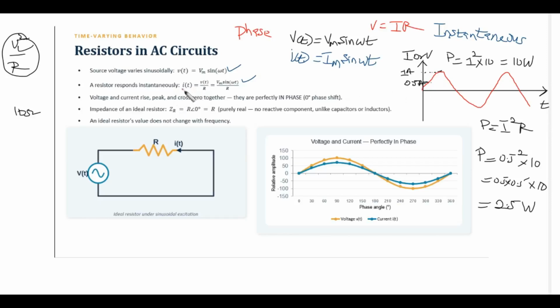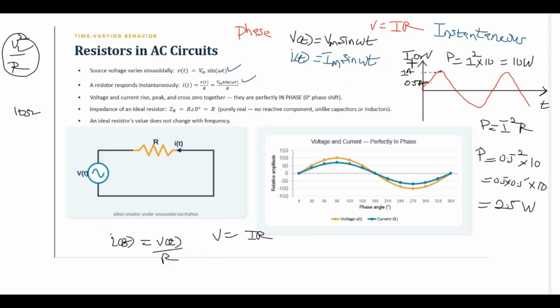So if we want to apply Ohm's law to a resistor in an AC circuit, we're going to be using the instantaneous value of the current and the voltage because it responds instantaneously. That's why we are now having I of t equal to V of t over R. Generally, V is equal to IR from Ohm's law. So the resistor responds instantaneously.